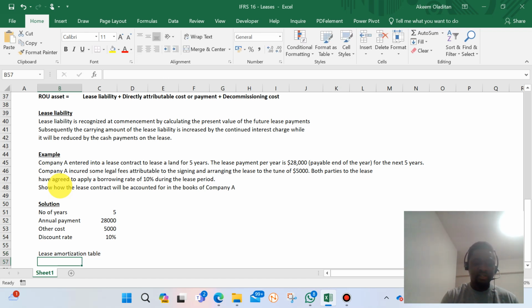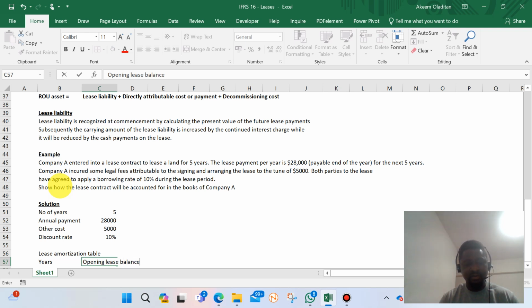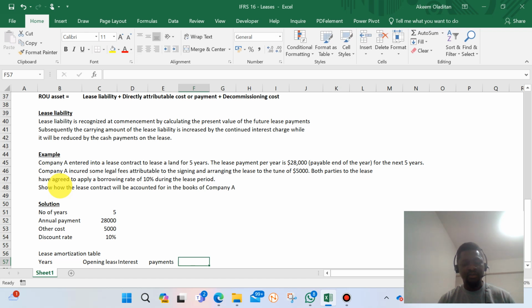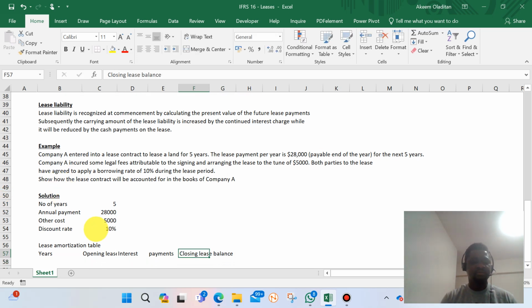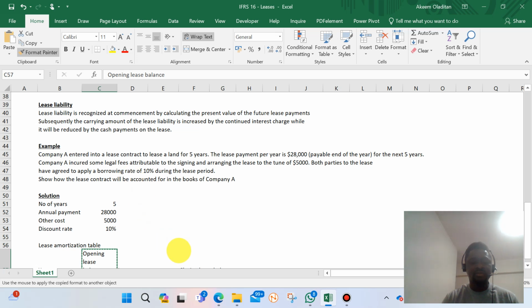So we have the years, we have the opening lease balance. Then we have interest. Then we have payments on the lease. Then we have the closing lease balance. Let me copy this with the format painter.